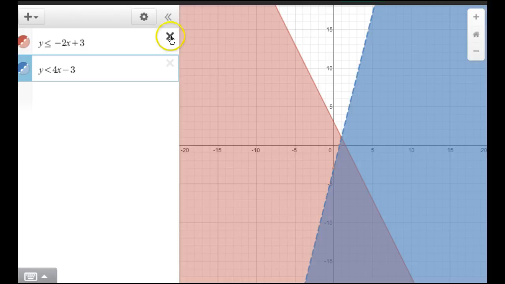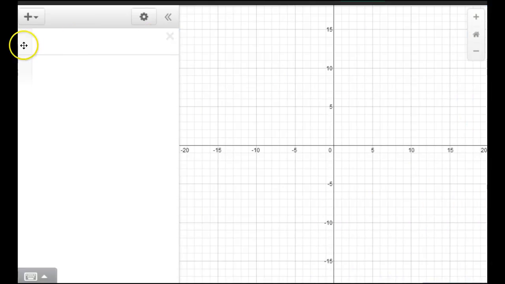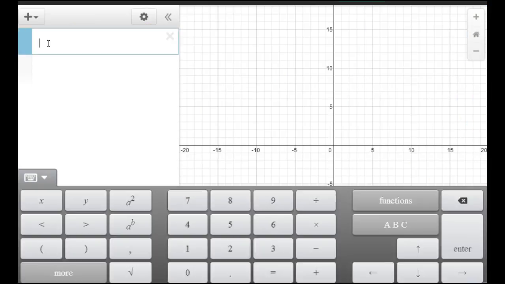Alright, so let's go ahead and X these out. That deletes them. And let's flip it over. Let's go to something on the back. So let's put in just 0 star.